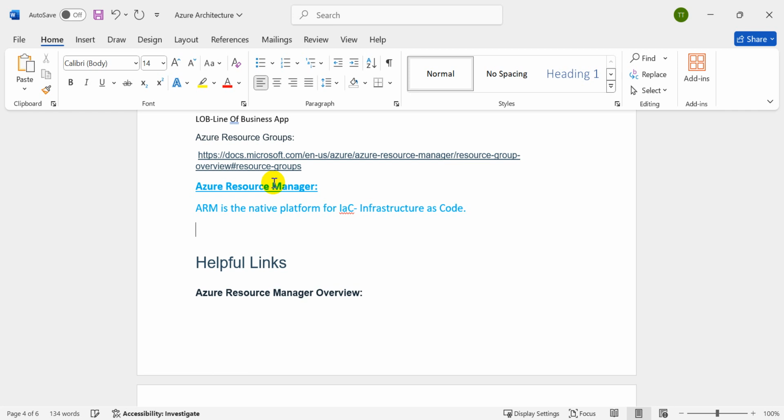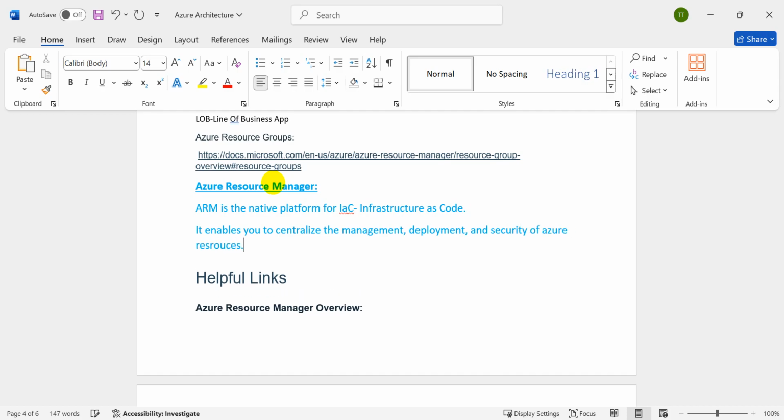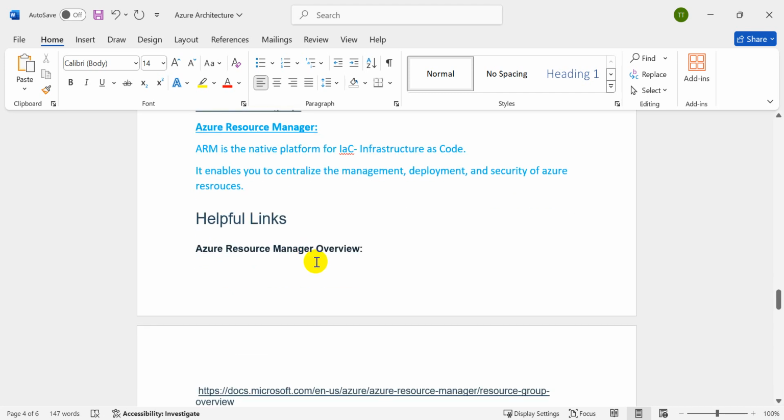What mostly it does is enable you to centralize the management, deployment, and security of Azure resources. So this we can say in short.